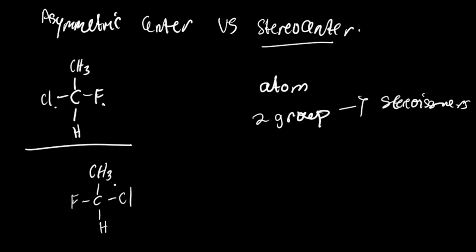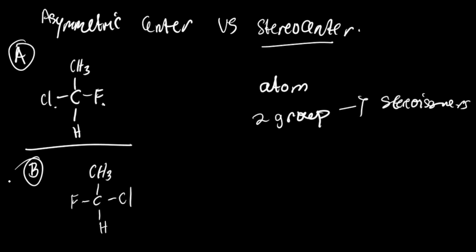Notice that this is another stereoisomer, although it doesn't look like it because we're not looking at it as a 3-dimensional structure. But when we consider perspective drawings or perspective formulas, we would see more clearly that figure A and figure B are different stereoisomers.